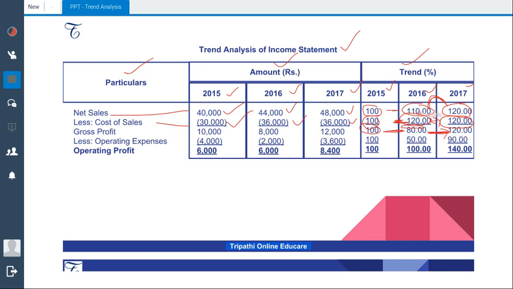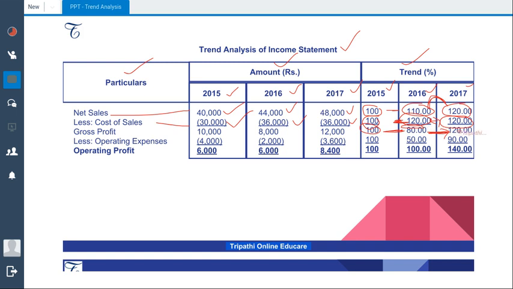So that means we can say in the second year you must have purchased huge amount of raw material, because of which your cost of sales went up to 120%, and same raw material is used in the year 2017, so cost of sales remain unchanged, and because of which your profit went up to 120% in the year 2017, despite it was reduced to 80% in 2016.